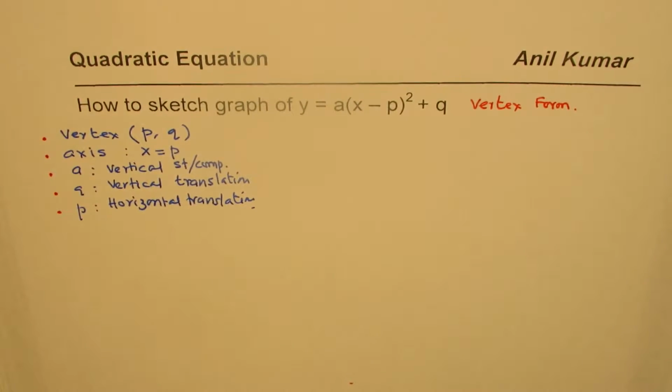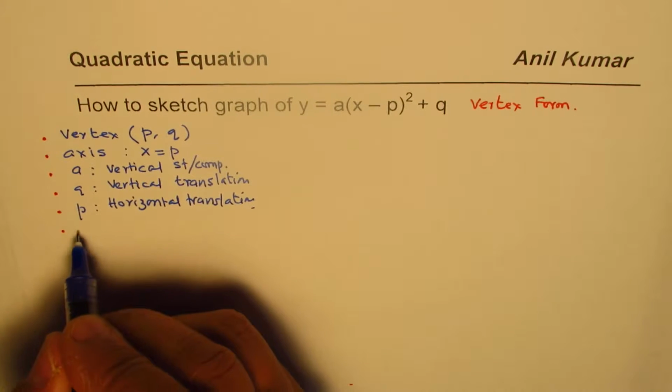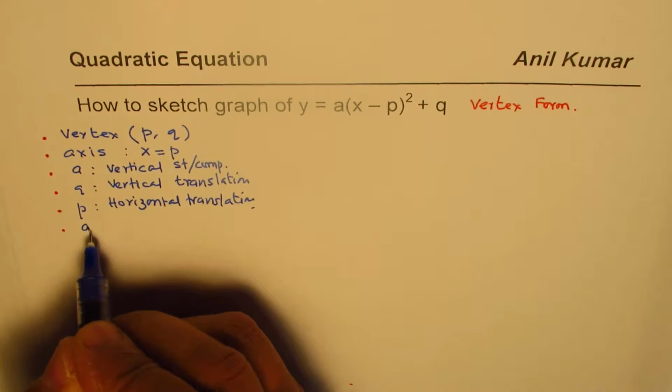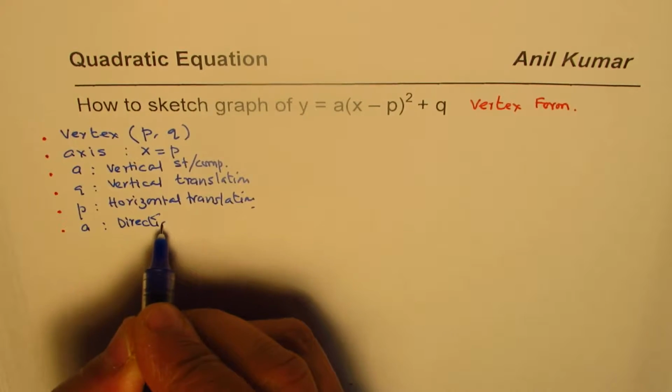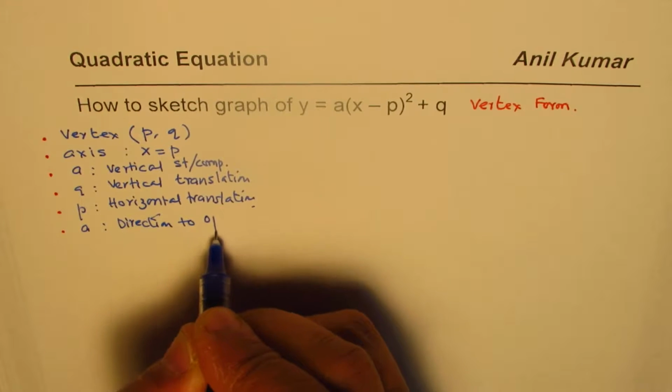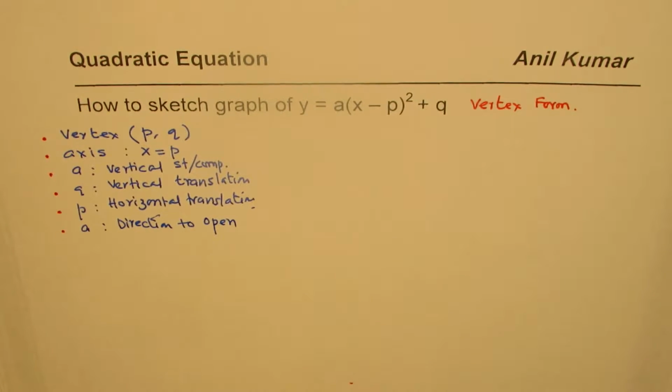So these are the basic characteristics which we get from the equation. a, as you know, also gives you the direction of opening. If a is positive or negative, it will give the direction of opening.